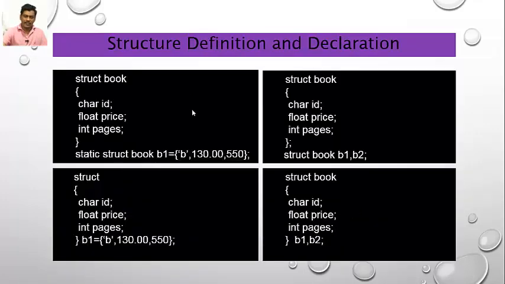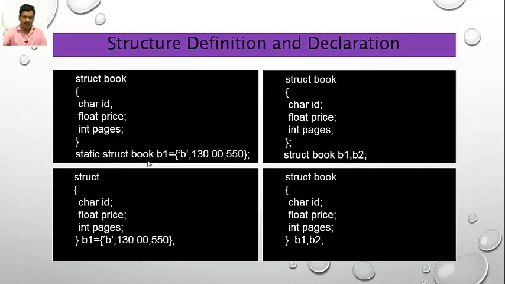Structure definition and declaration. We can define and declare in different ways. The two definitions and declarations are equal. For example, struct book with a character id, float price, integer pages, and static struct book at the time of initialization.